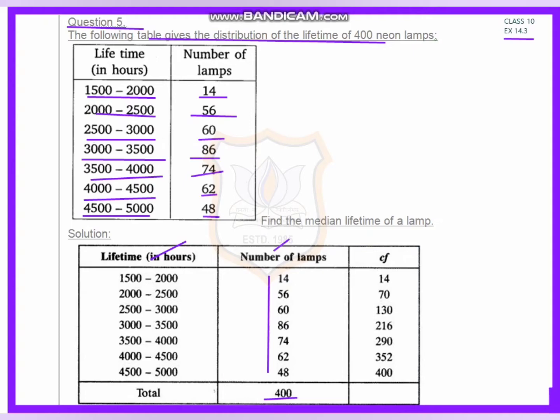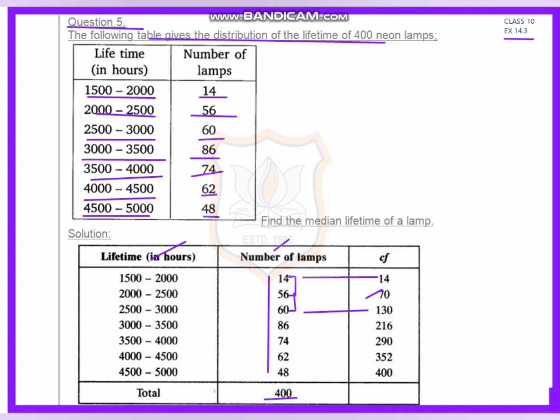First, the 14 stays as it is. In the second row we add 14 plus 56, we get 70. Then three terms, 14 plus 56 plus 60, we get 130.